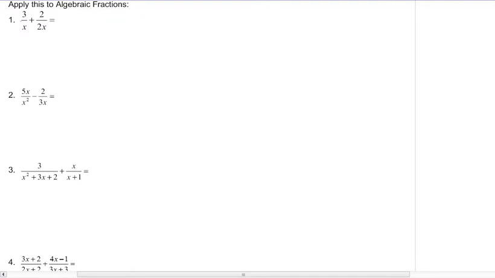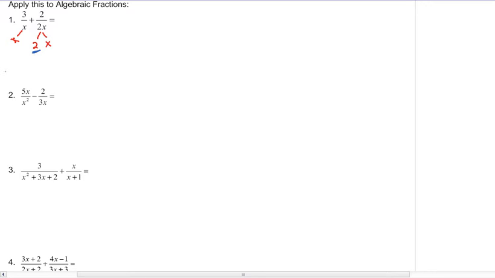Number 1, we have 3 over x plus 2 over 2x. Well, think about what's missing from each one. 2x, the two factors are 2 and x. X is just x. So what's missing? The first fraction needs a 2.